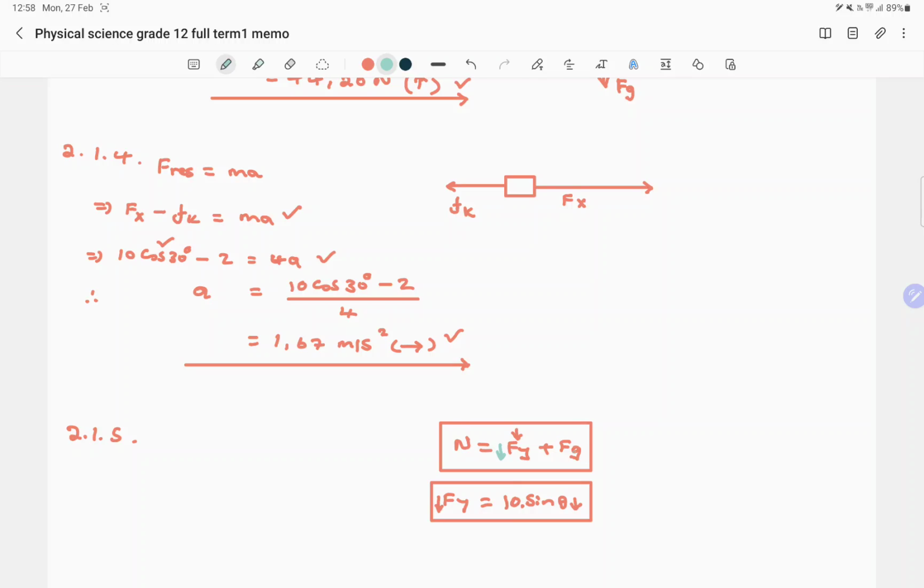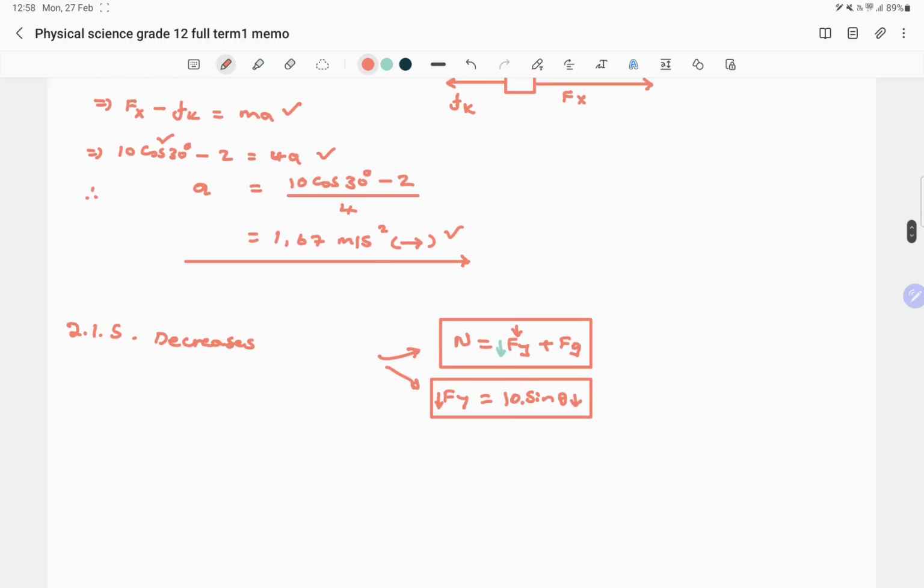Because Fg stays the same, if we're reducing this part of this equation, it means this result becomes smaller than initially. So the normal force will decrease. Okay? And your tools are these two equations that explain what is going on. You always need some sort of equations to make sense of this. Otherwise, it becomes a little bit difficult to figure out.